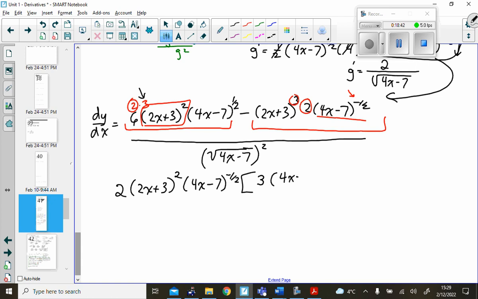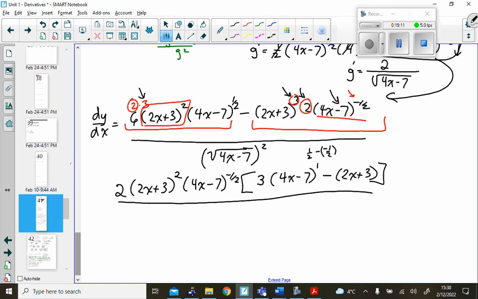That will leave (4x minus 7) to the 1/2 minus minus 1/2, which means to the 1. Subtract. I took 2 of these (2x plus 3)'s out, so that leaves a (2x plus 3) behind. The 2 went away, and this term went away. In the bottom, I have the square root of 4x minus 7, squared, which just leaves 4x minus 7.